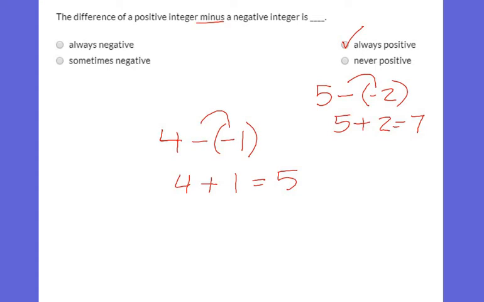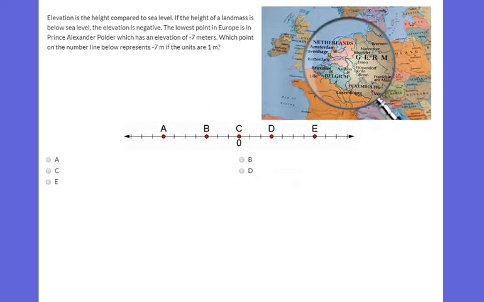All right, let's check out another problem. Elevation is the height compared to sea level. If the height of the landmass is below sea level, the elevation is negative. The lowest point in Europe is in Prince Alexander Polder, which has an elevation of negative 7 meters.